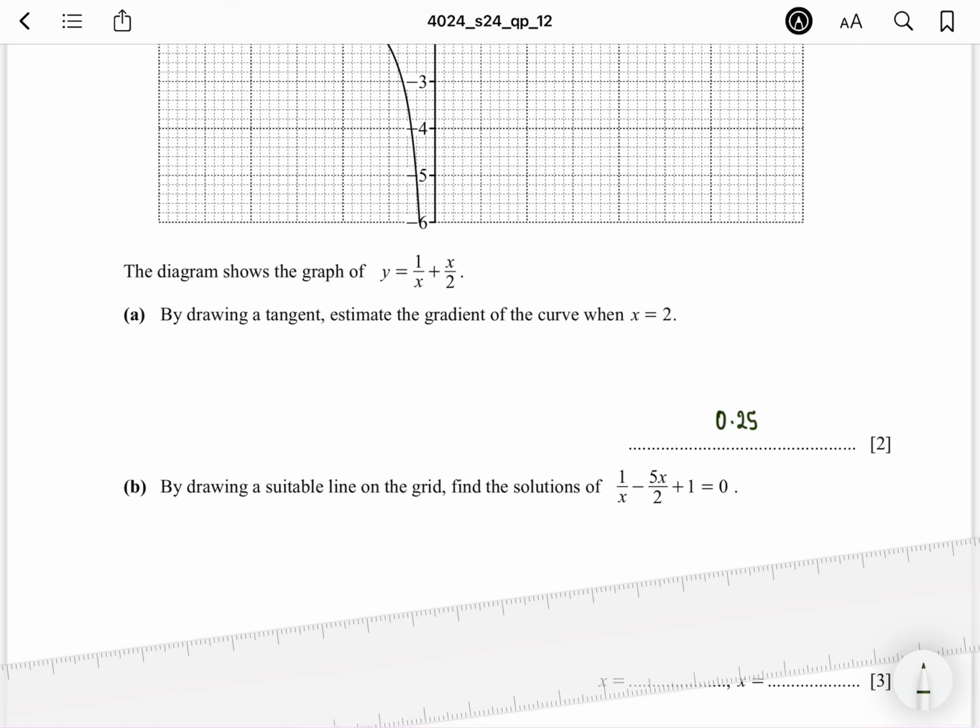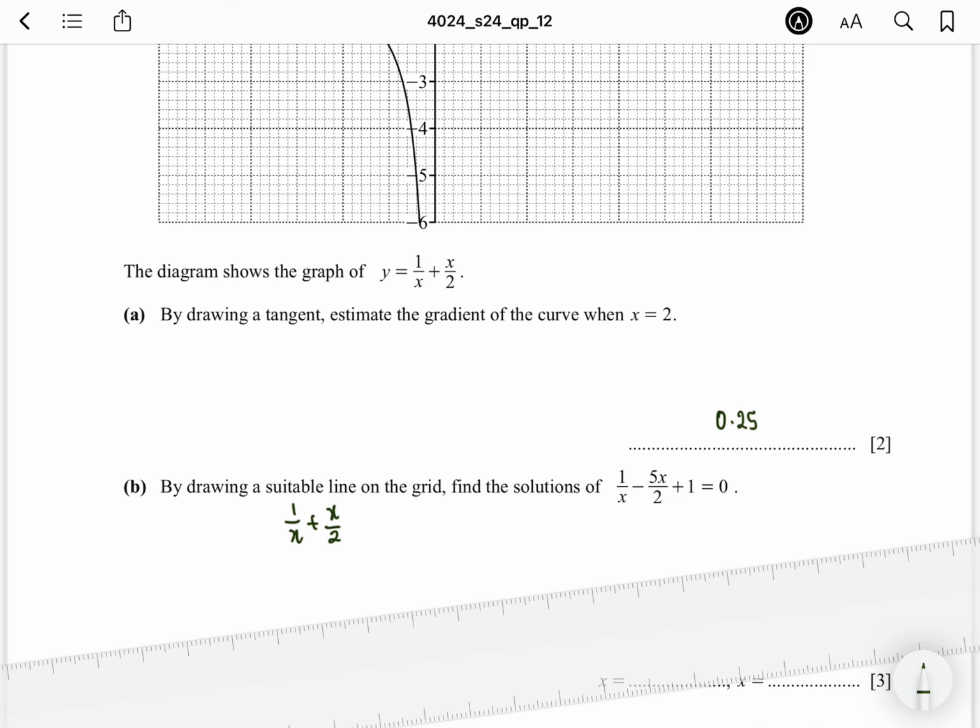By drawing a suitable line on the grid, find the solution of 1 over x minus 5x over 2 plus 1 equals 0. Now, you should relate it with the given equation. You are not supposed to draw a new graph in order to solve this one.